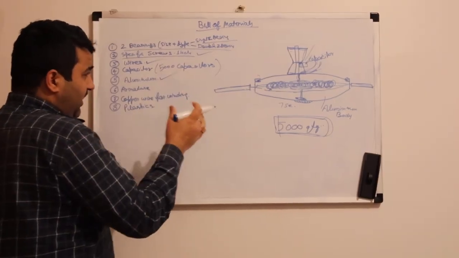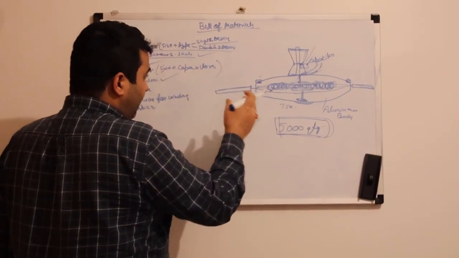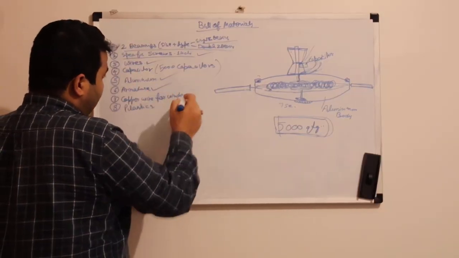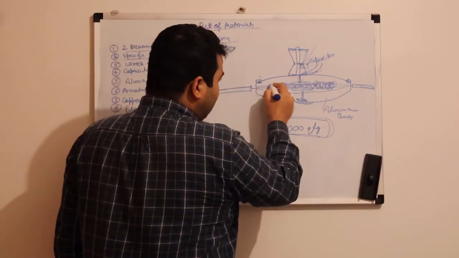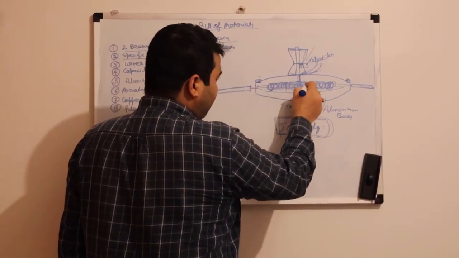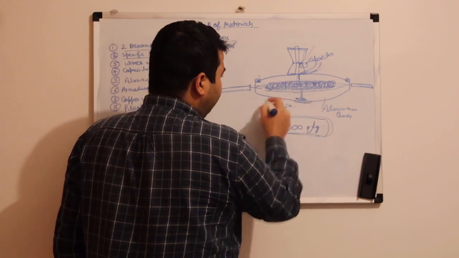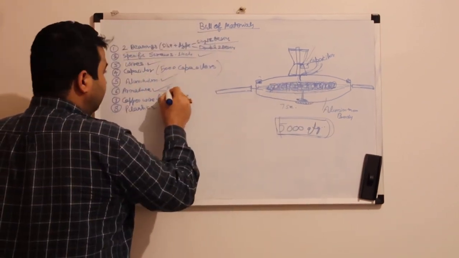Aluminium, how many kilos or what type of aluminium we require. For armature, this is the metal armature. Suppose we take from third party vendors, how many pieces we require? 5,000 pieces we require.